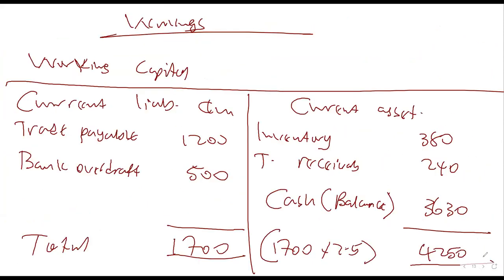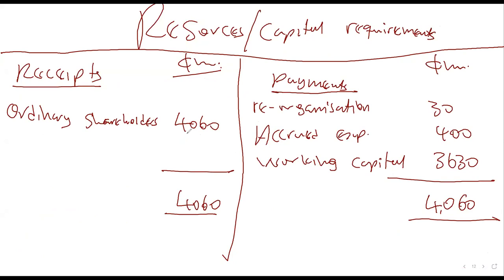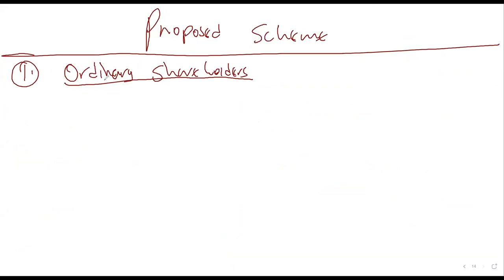How much should they contribute? They should bring 4,060 million. That's all. So write this in sentence form, simplest ever.